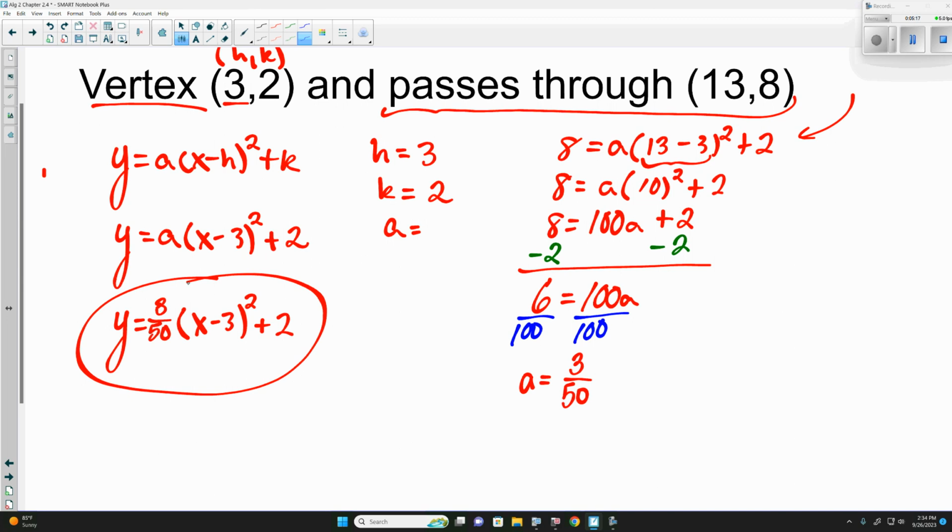So the correct answer is y equals 3 over 50 times x minus 3 squared plus 2. And that's it. Questions on this here?